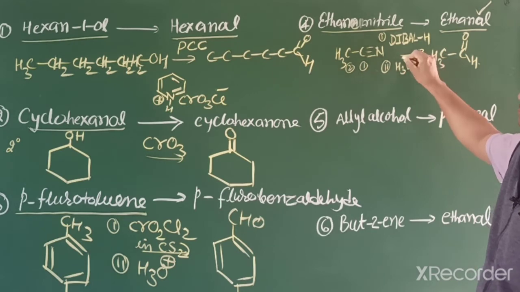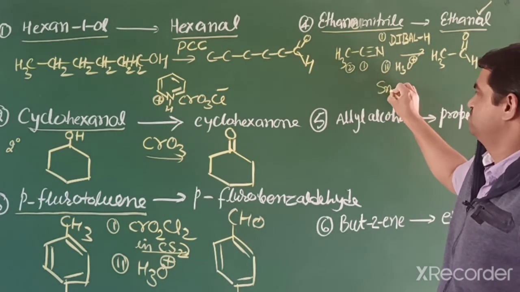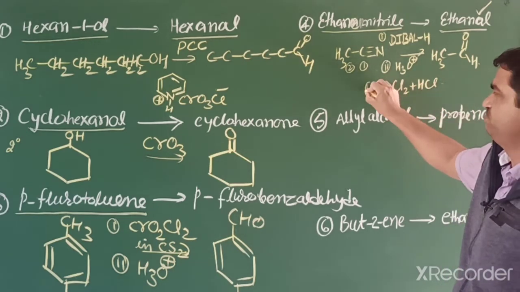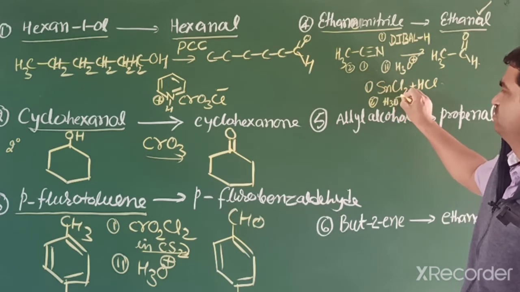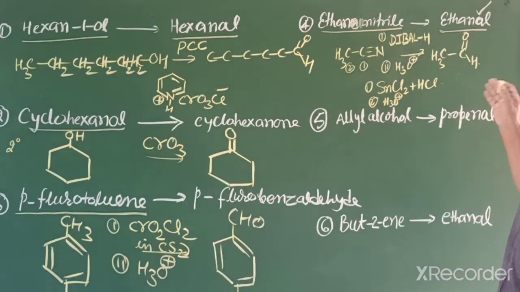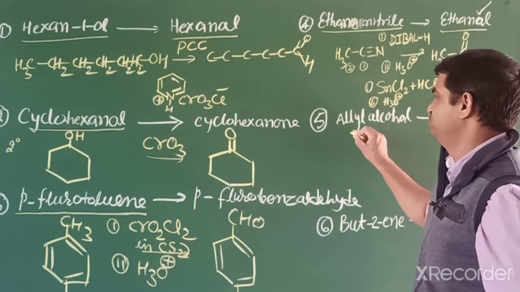This reagent also we can write, or we can write stannous chloride plus HCl, first step, and in second step acid hydrolysis. By this reaction it's converted into aldehyde. If we want to further change it into alcohol, then we can use a reduction reaction. It's converted into alcohol also.